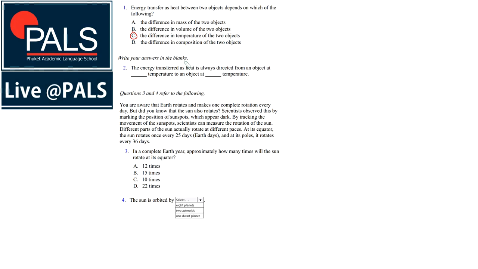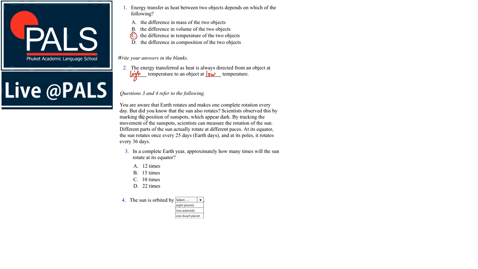So it depends on the temperature. The energy transfer as heat is always directed from an object at high temperature to an object at lower temperature.